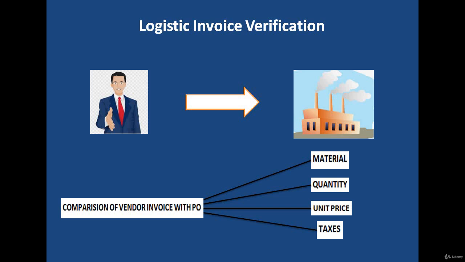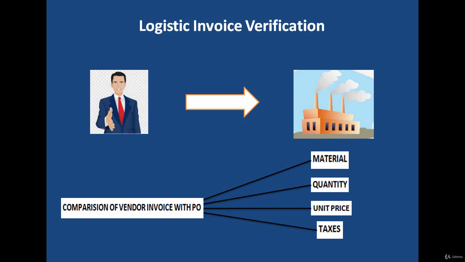Please note that the procurement team does not make any payment to the vendor here. It just cross-checks the data and recommends the invoice for payment to the vendor to the finance teams.